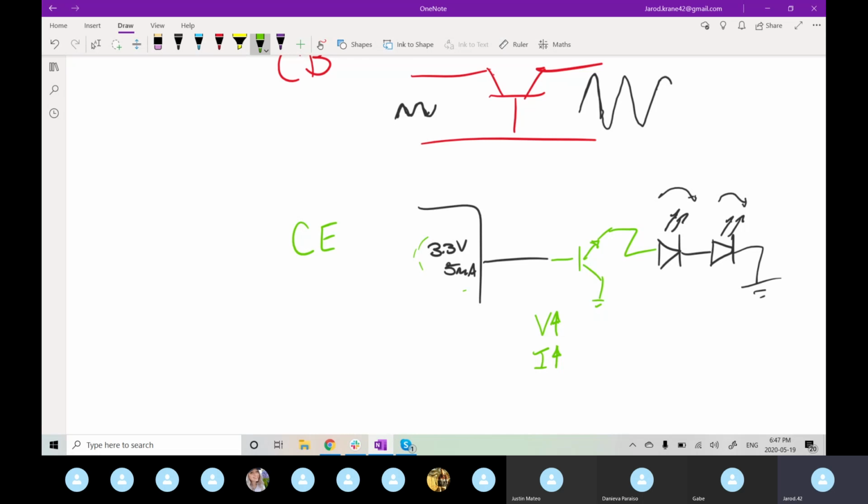They're all doing the same thing, just increasing their gains based off of whatever external circuitry you have.